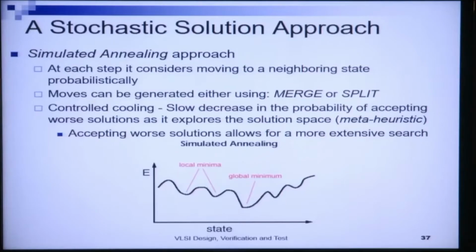So initially my probability of accepting worse solutions is high, so that I can move about in different parts of the state space. But as I converge to a good solution, after a certain number of iterations, I want to converge to a certain local minimum, which could possibly be very close to the global minimum that I have. So hence, I slowly decrease the probability of accepting worse solutions as it goes on exploring the solution space.